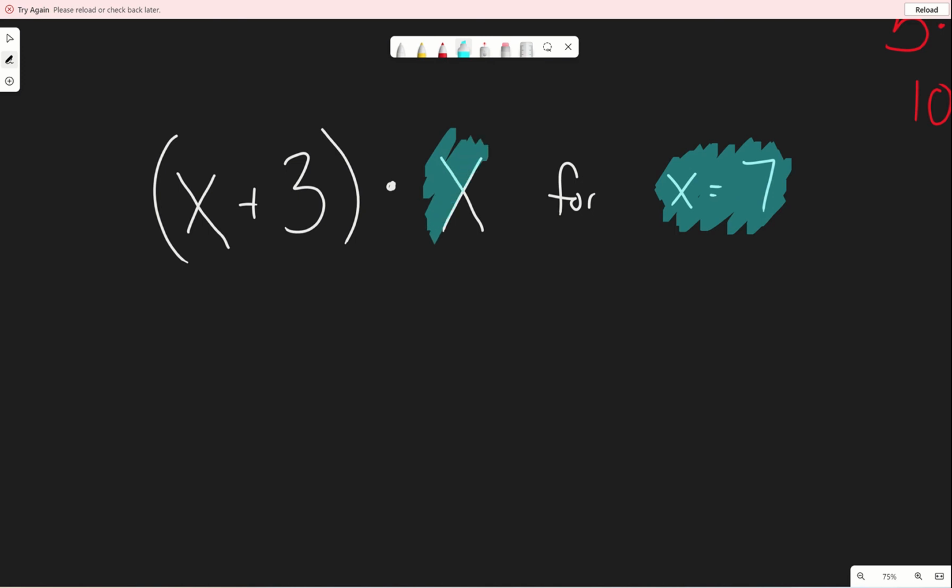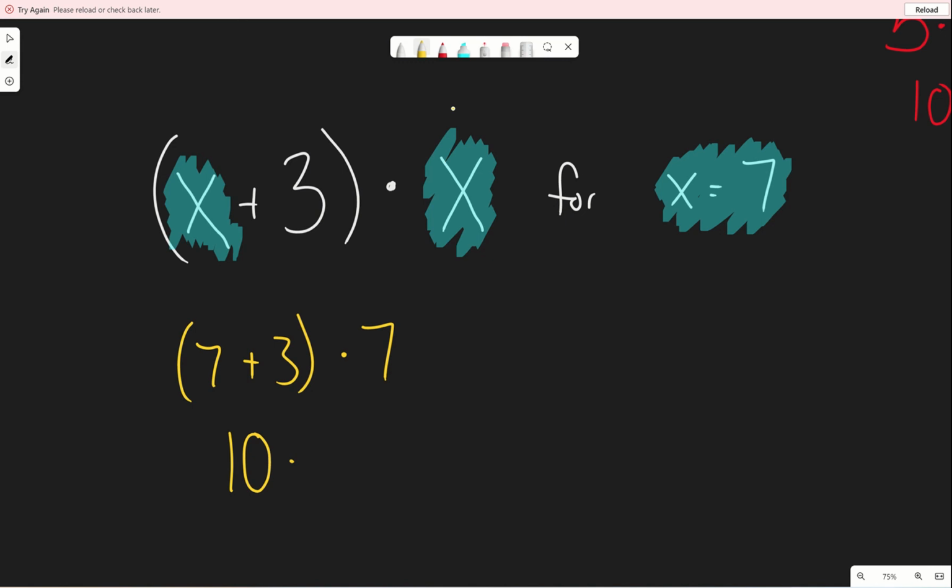Well, I've got an x here, and I've got an x here. So I'm going to rewrite this equation with my x's as 7s. 7 plus 3 times 7. And then order of operations, let's do our parentheses first. 10 times 7 equals 70. And this would be my answer. 70.